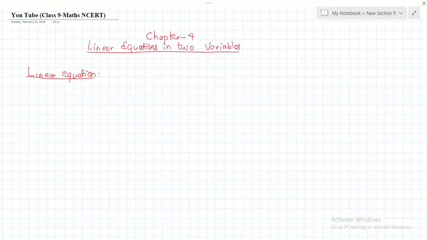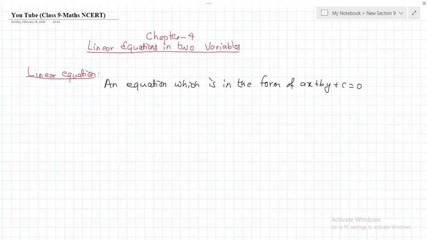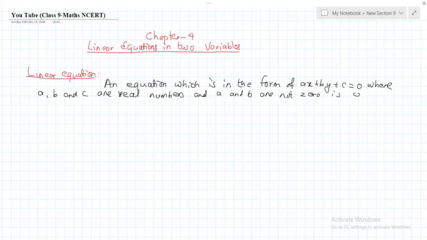An equation which is in the form of ax plus by plus c is equal to 0, where a, b and c are real numbers and a and b are not 0, is called a linear equation in two variables.